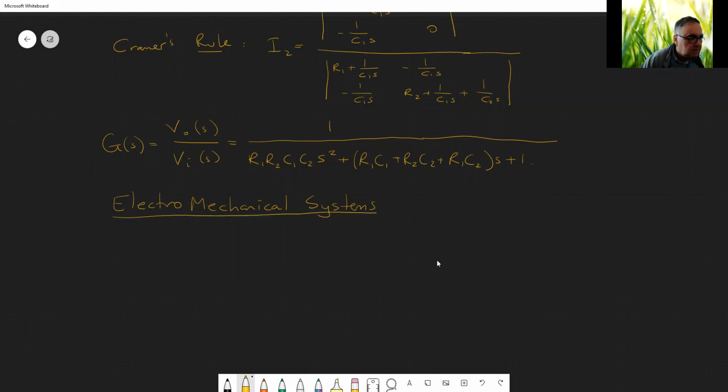Here, electricity and mechanics are coupled. So it is coupled electrical plus mechanical systems.